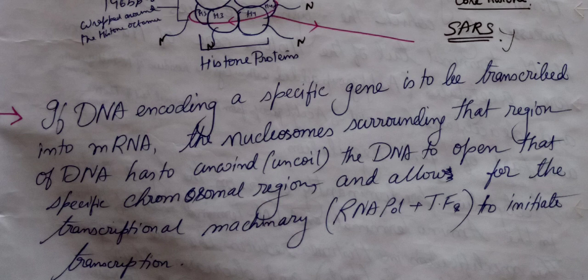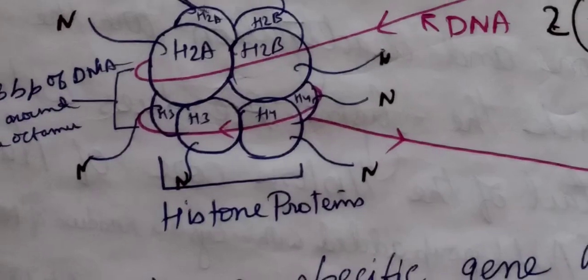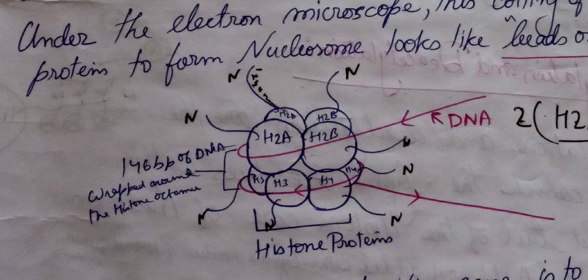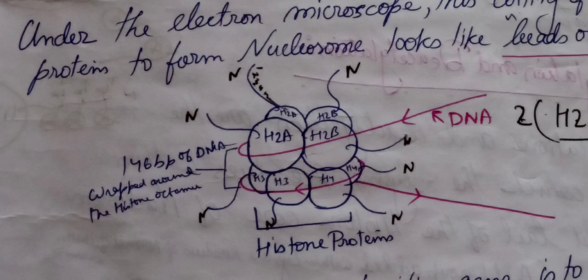from the nucleosome by some modifications in the tail of these histones that I have shown to you. So these are the tails, the N terminal tails of these histones, right? And these tails, as histones are protein, are made up of amino acids.